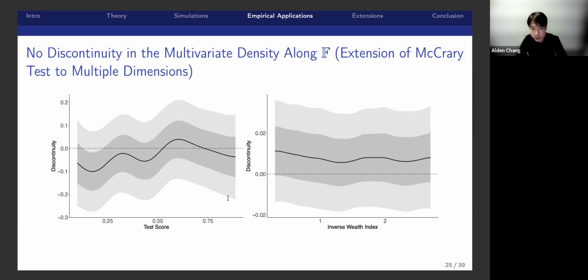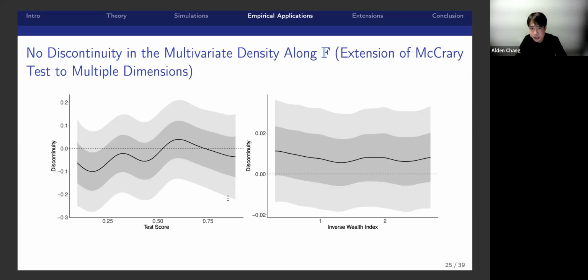A simple way we might do this is to plot two univariate histograms, a histogram for x1 and a histogram for x2, and see whether there seems to be a discontinuity at the threshold.